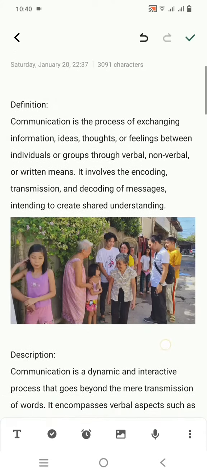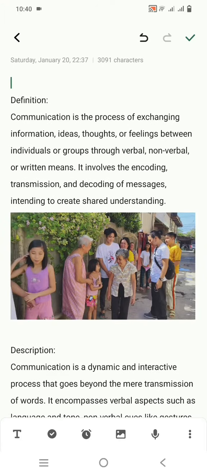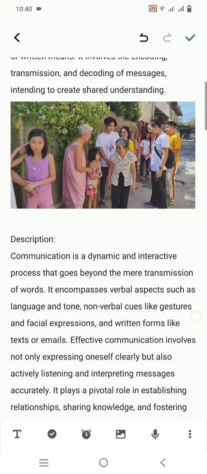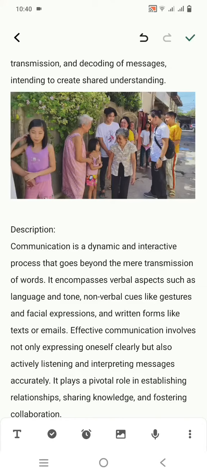Giving you the description, communication is a dynamic and interactive process that goes beyond the mere transmission of words. It encompasses verbal aspects such as language and tone, nonverbal cues like gestures and facial expressions, and written forms like texts or emails.